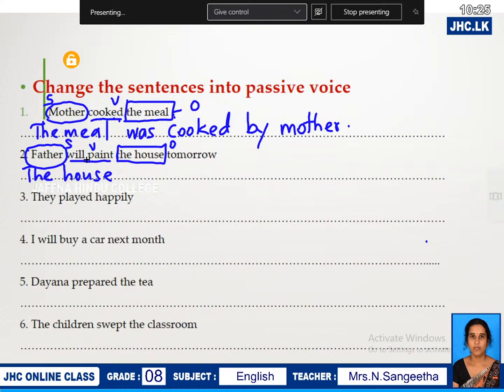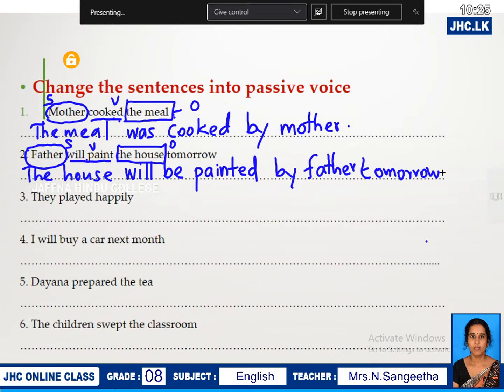For future tense, we use will be plus past participle. Will be plus the past participle of the main verb. What is it? Painted. The house will be painted by father. The remaining is tomorrow. Right? Father, tomorrow.